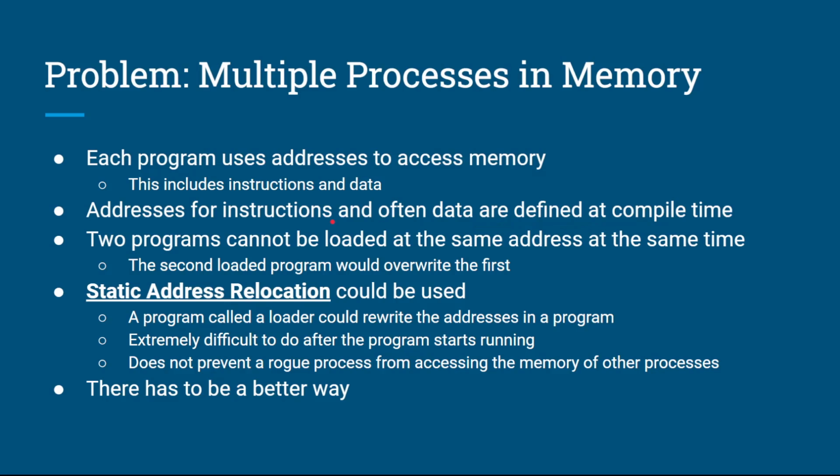Now, if we have programs that are being built for specific addresses, we can't have two programs loaded at the same address, especially if they're the same process. We can't load two programs at the same time, because the second program will actually be overwriting the first, so we need to figure something out.